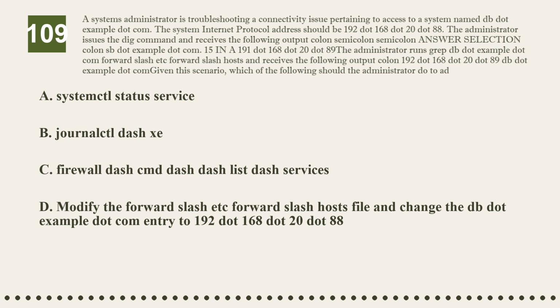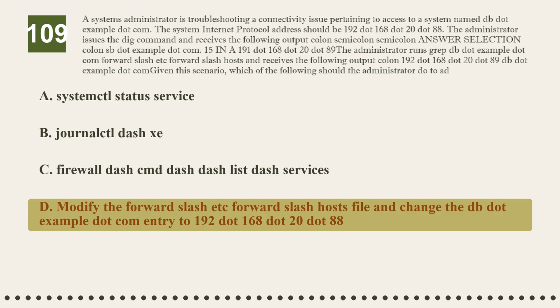Option A. System status service. Option B. journal-exe. Option C. firewall-cmd --list-services. Option D. Modify the /etc/hosts file and change the db.example.com entry to 192.168.20.88.